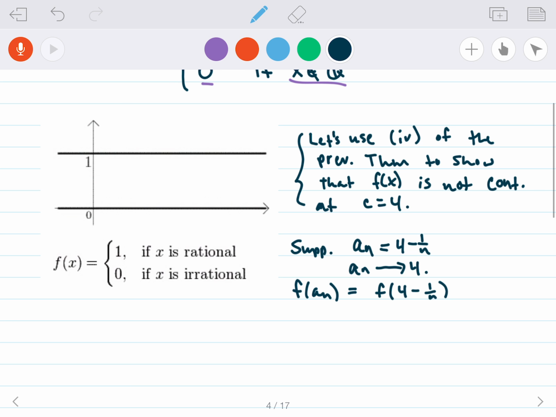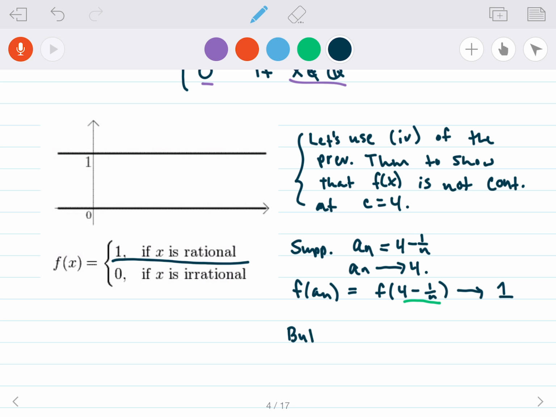And basically what's happening here is no matter which n I choose, n equals 1, 2, 3, 4, 5, 6, 7, 8, whatever, 4 minus 1 over n is always going to be rational, right? 1 over n is always rational. So 4 minus 1 over n is always rational. And so we know that since this is always rational, this thing's going to converge to 1, right? This is going to converge to 1.